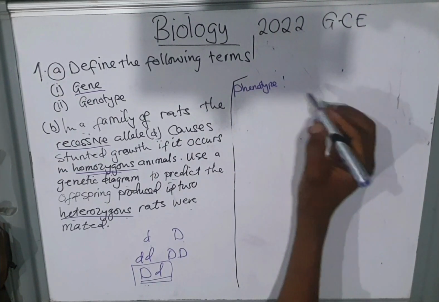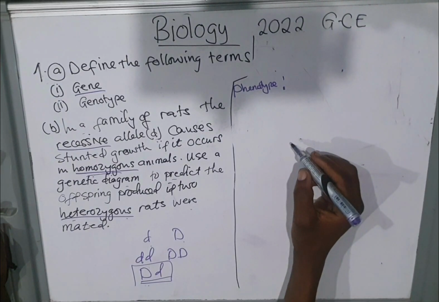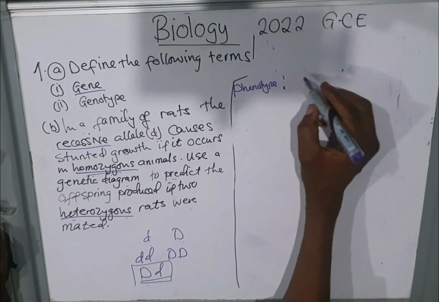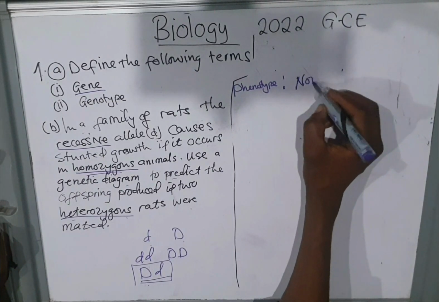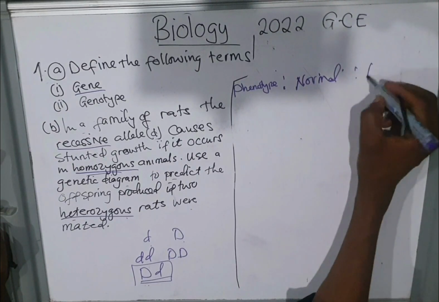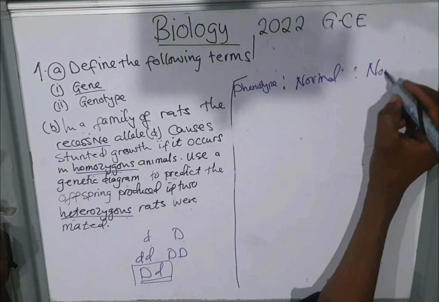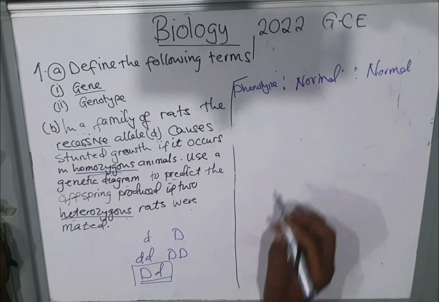These two parents are in heterozygous state, which means they are not stunted, they are fully grown. So in this case they are normal. That's the phenotype. Normal for the first one, also normal for the second one, because they were in heterozygous state.